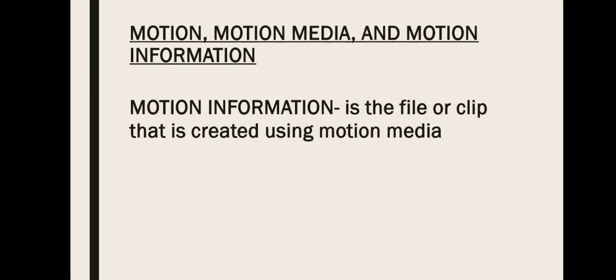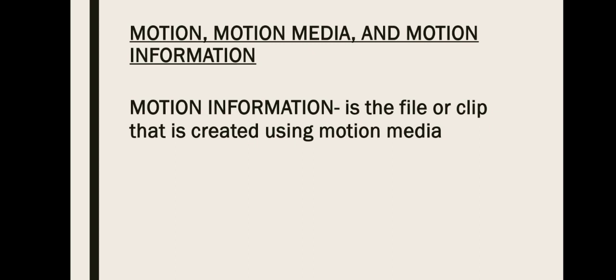Motion information is a file or clip that is created using motion media. Just like motion media, motion information can also include video files, animations, or other media that include visual movements.